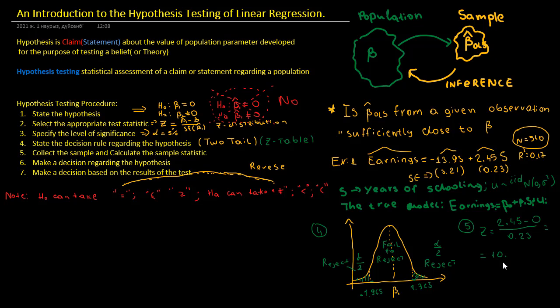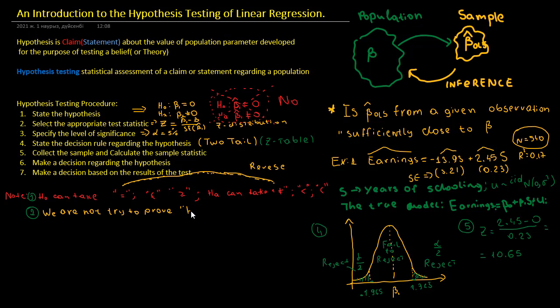Next, the sixth step: make a decision regarding the hypothesis. Depending on the type of distribution of the estimator, you calculate a test statistic in step 5 and compare it with the respective table value from step 4, and we make the decision.